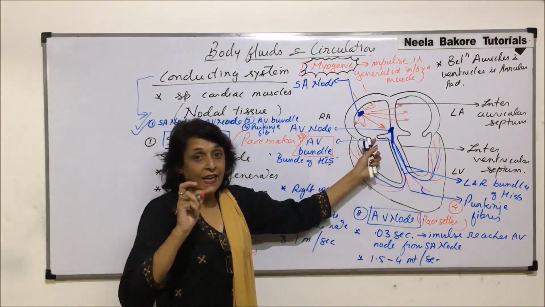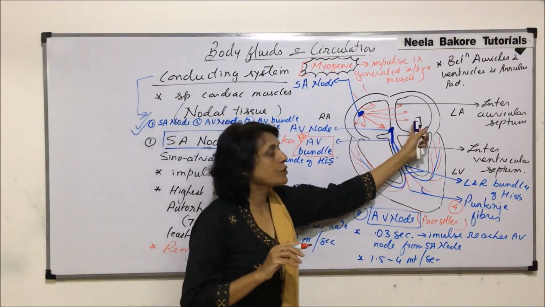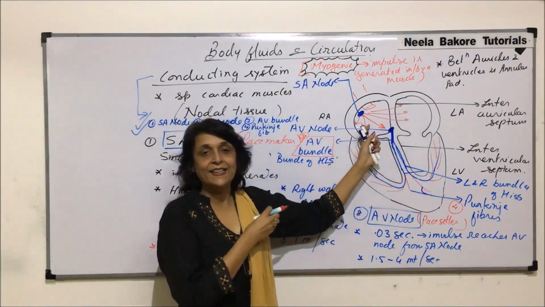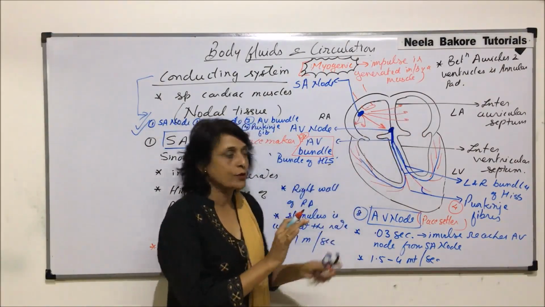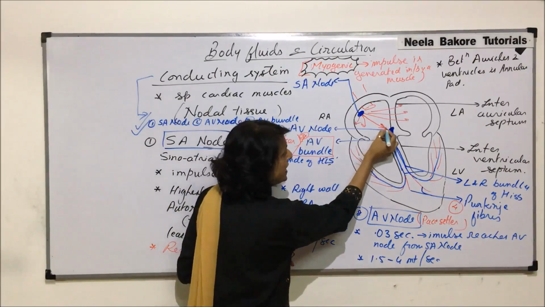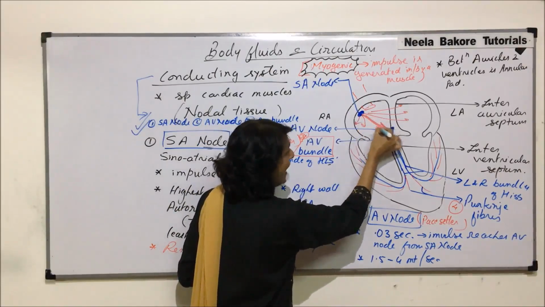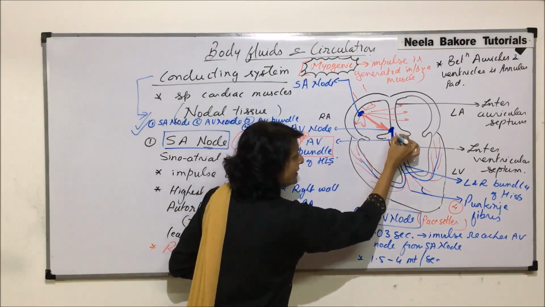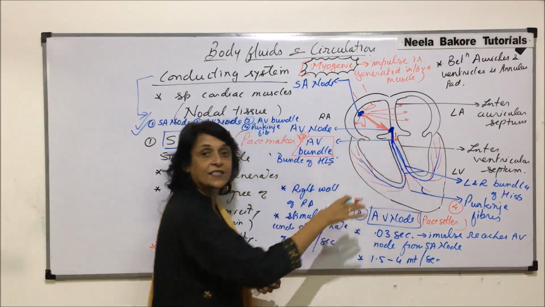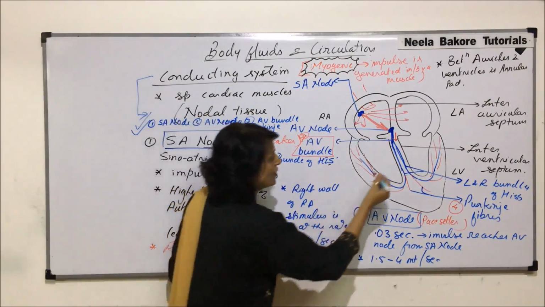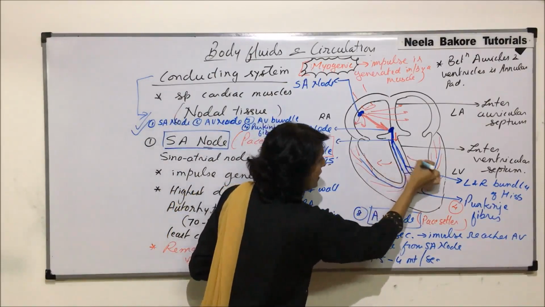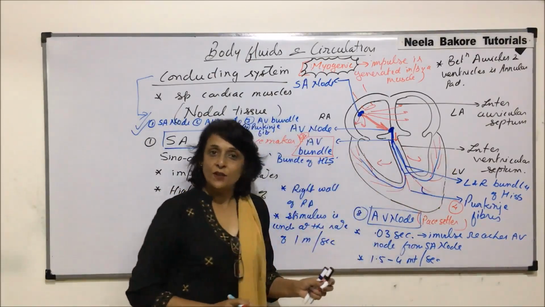That means it is going to go to the walls of auricles. It is generated in the right, but then it goes to left also. It is going to be received by the AV node, and from AV node then it gets further conducted through the interventricular septum, and then it goes on the walls of the ventricles also.